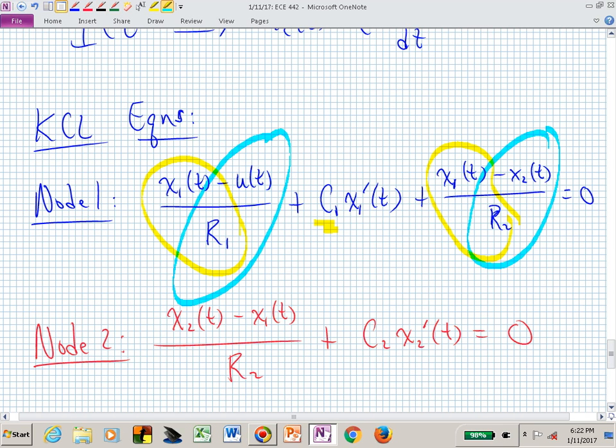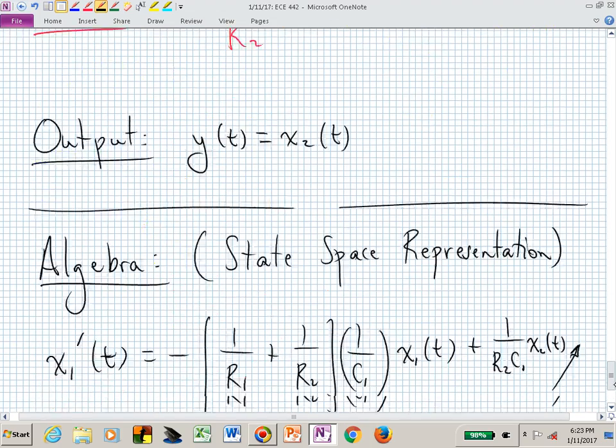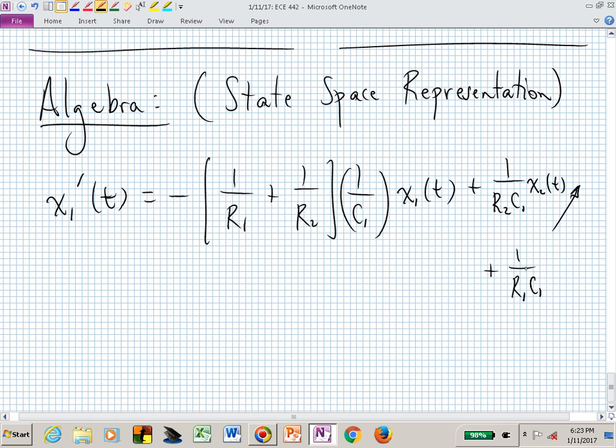If I add that to both sides, plus 1 over R1 C1 u of t.